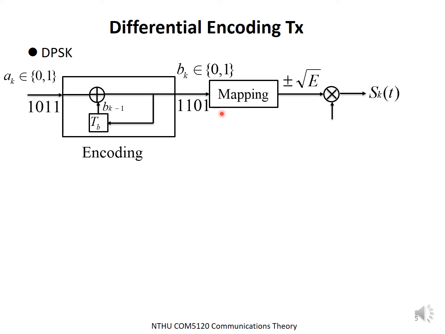And so then we have this BK. Okay, BK, that is the differential encoding output. And as this BK is binary 0 and 1, we can apply the binary PSK.